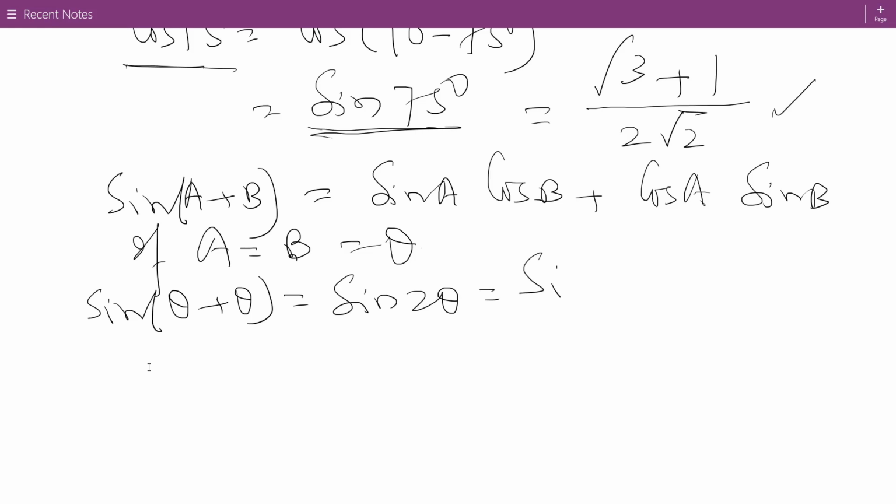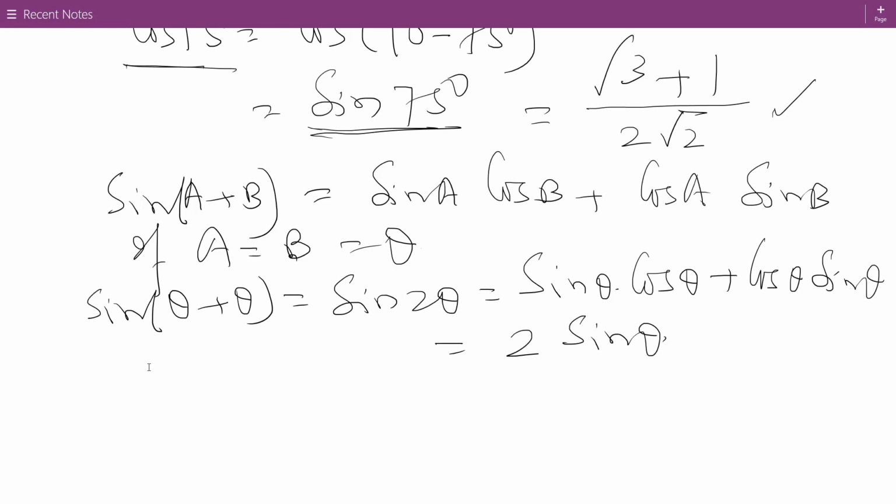You write sin theta cos theta plus cos theta sin theta, 2 sin theta cos theta. Clear? It's a very important formula.